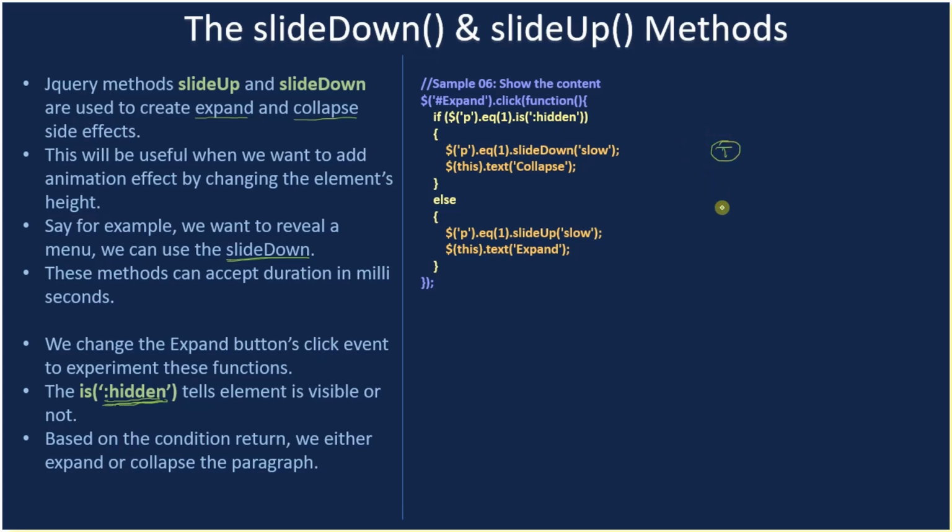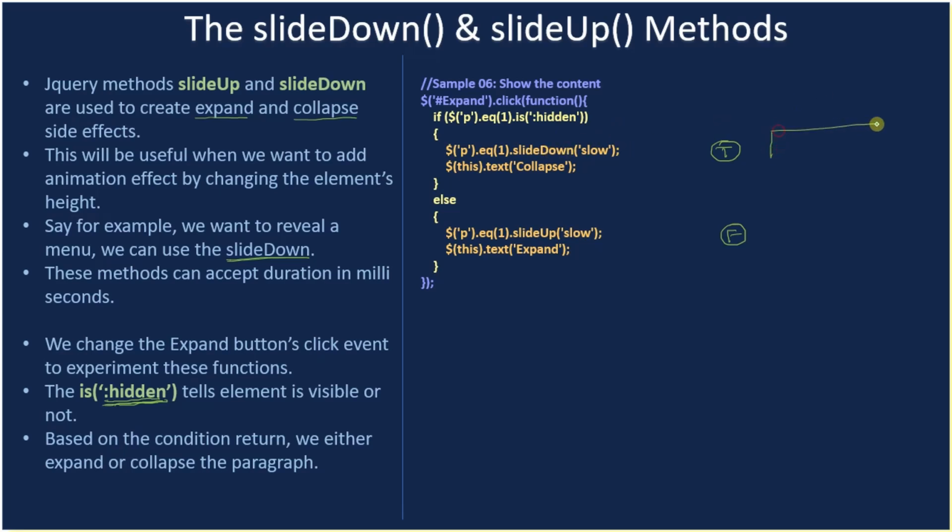When the element is not hidden, we will go to the false part. So when the element is hidden, we make a call to slide down to reveal the content. Here the element is the second paragraph, right? So when it is hidden, we slide down to reveal the content. That means it performs animation.